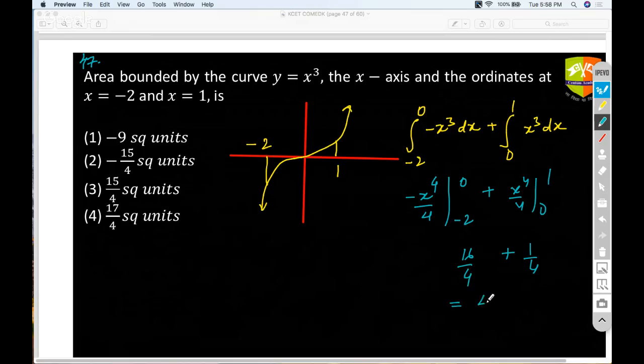So the answer will be 17 by 4, which is option number D or option number 4. When they say area, you have to be calculating the absolute value of these integrals.